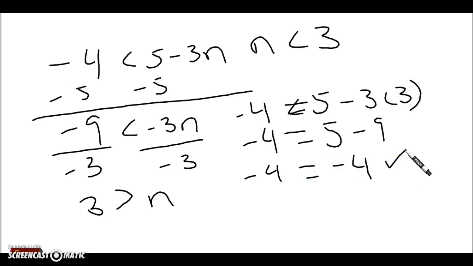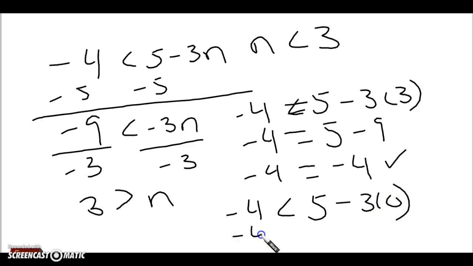That works out. Now let's try another number. Anything less than 3. I like 0, so let's try 0 again. So negative 4 is less than 5 minus 3 times 0. So I get negative 4 is less than, this crosses out, 5. Negative 4 is less than 5. It checks out.